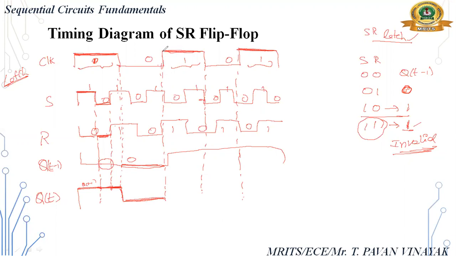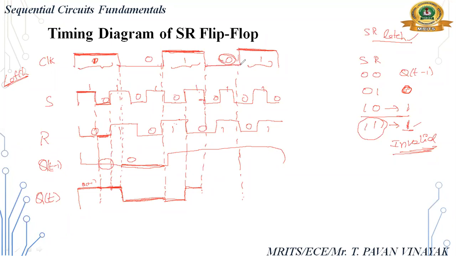Now again 1 occurs. So here 0, 1 means it is reset. Up to here it is reset, so you have to write 0. Next 1, 0 means it is set. I am drawing 1 here now. Now from here to here it is 0.